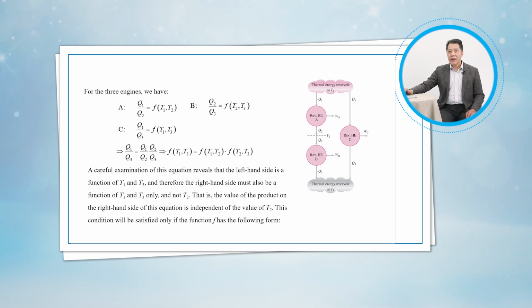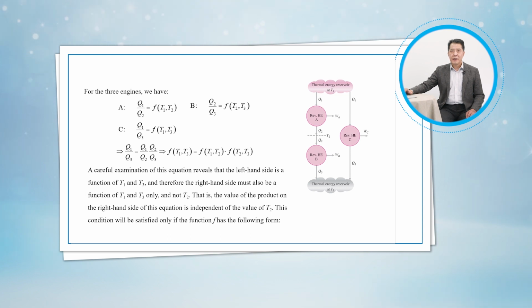A careful examination of this equation reveals that the left-hand side is a function of T1 and T3, and therefore the right-hand side must also be a function of T1 and T3 only, and not T2.